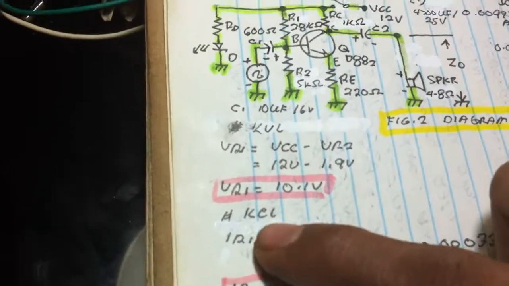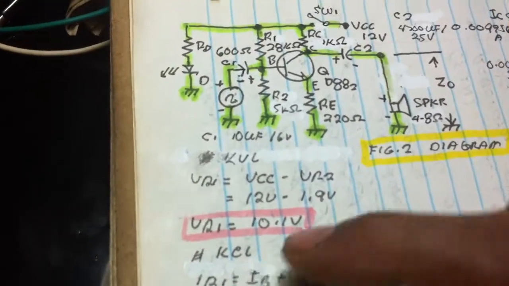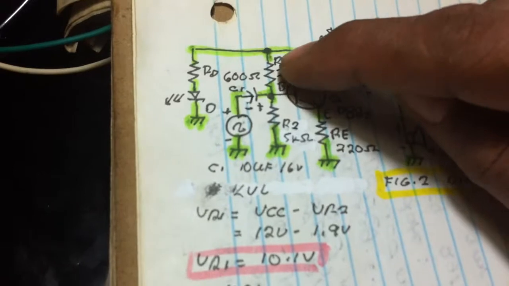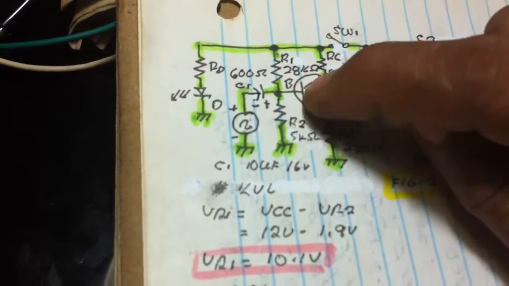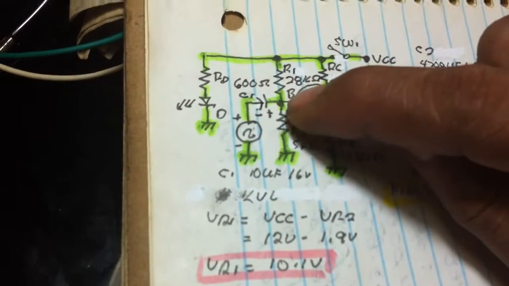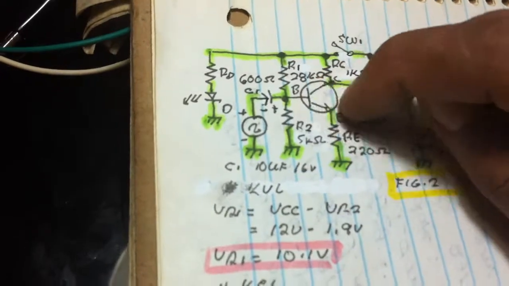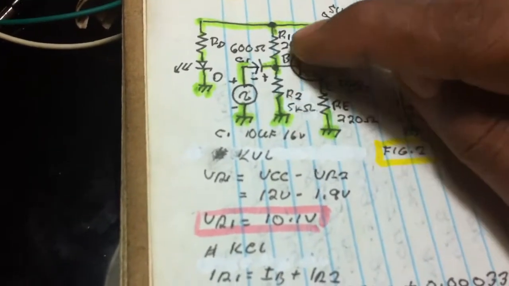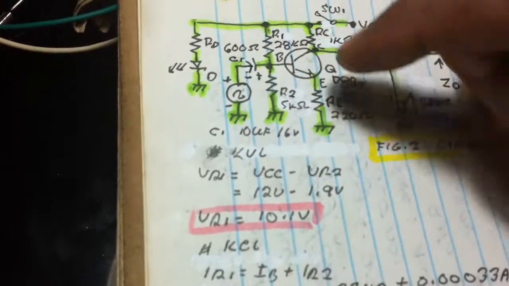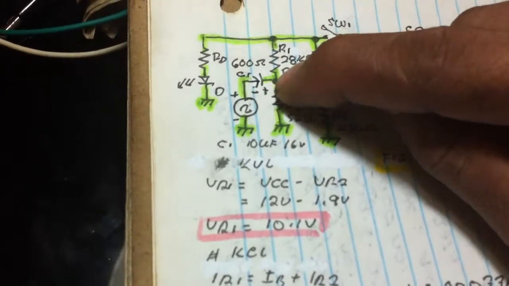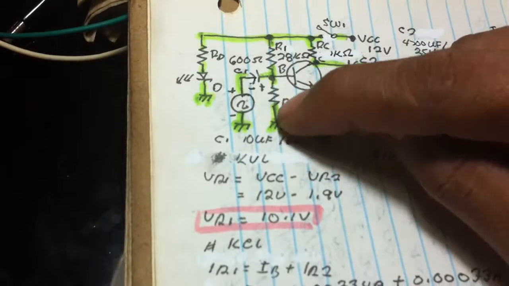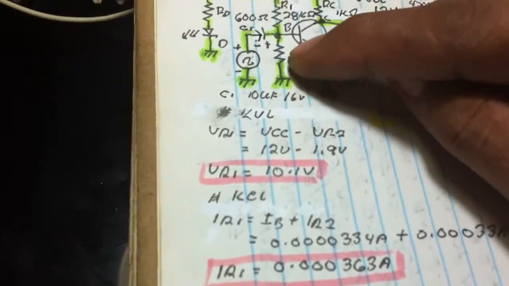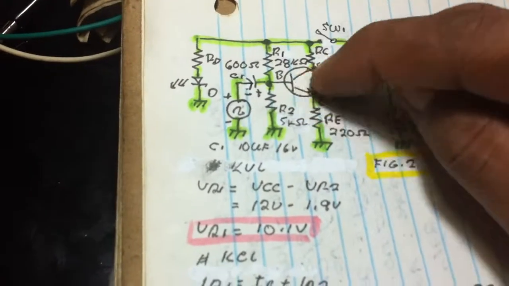So we get now, using Kirchhoff's current law, the sum of all the current in the node should be equal to 0, leaving and entering. So IR1, the current entering the node, is equal to the current leaving the node, which is IB plus IC.